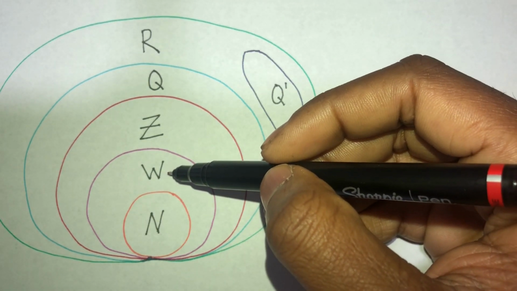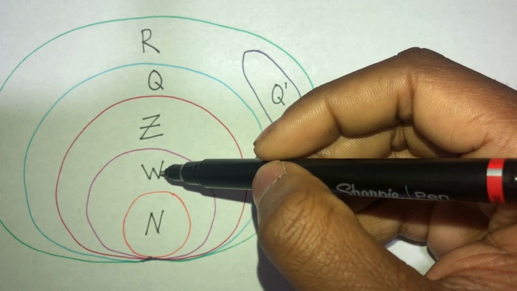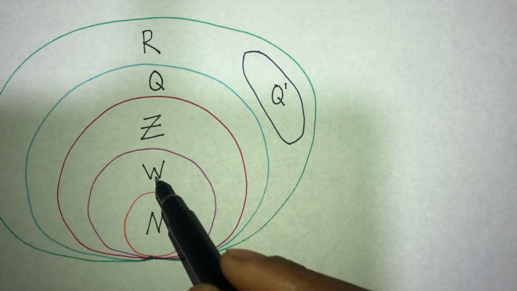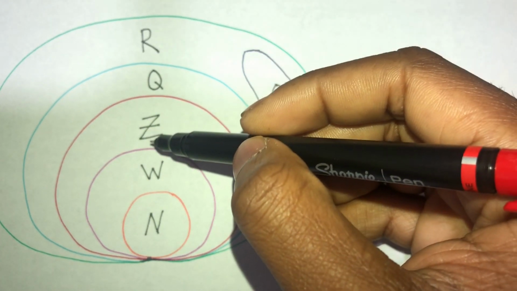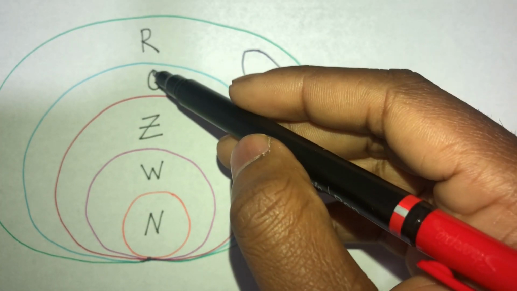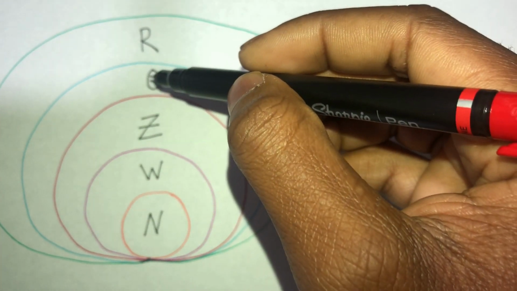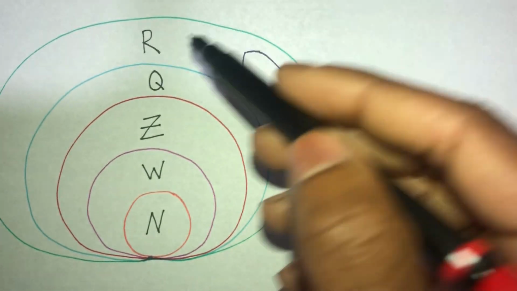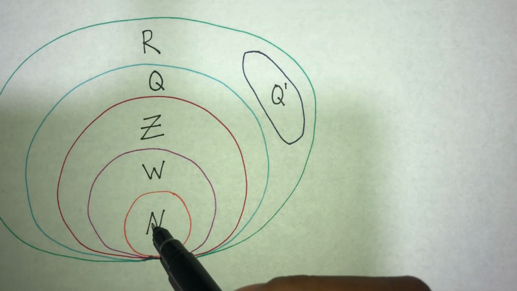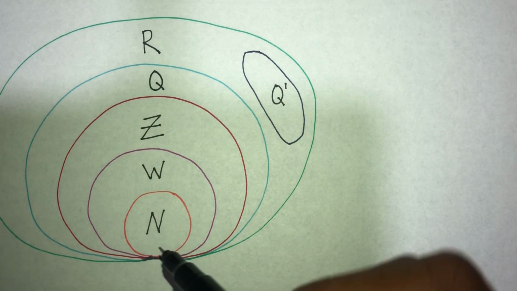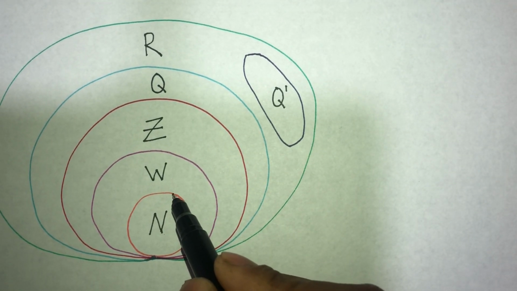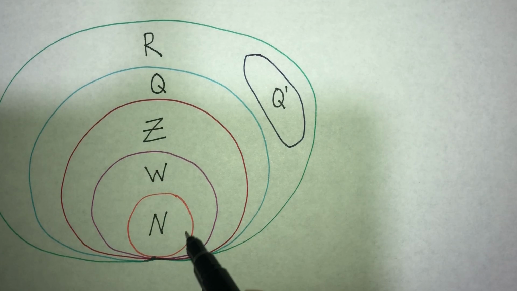So the digit 0 can fall under the set of integers, and it can also fall under the set of rational numbers and also the set of real numbers, but it cannot fall within the set of natural numbers. So that's why these boundaries are important.